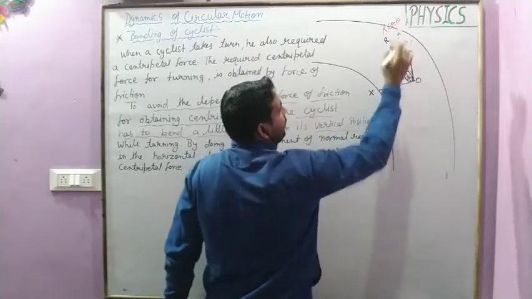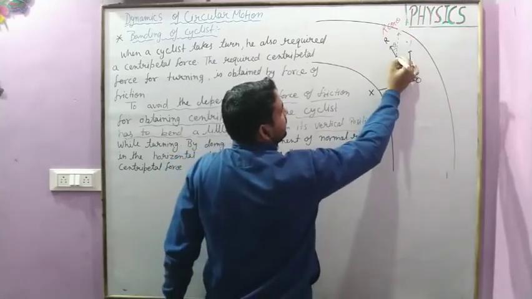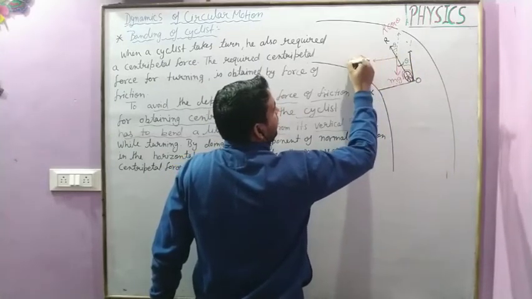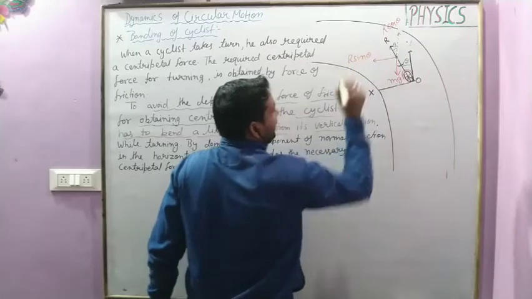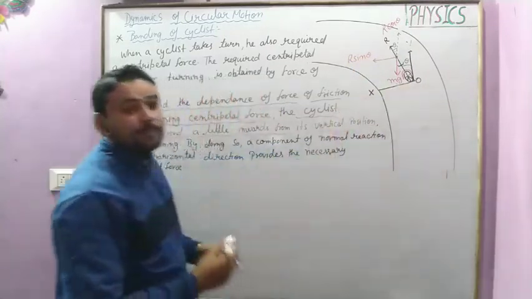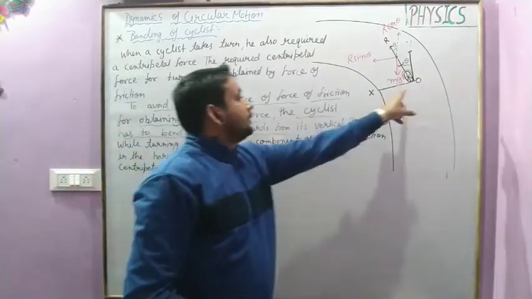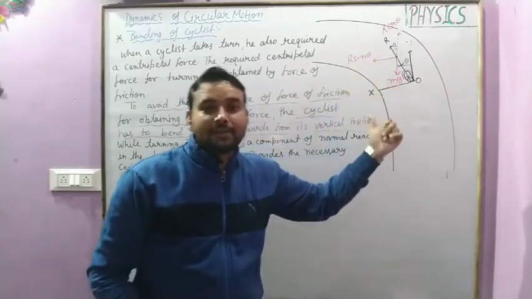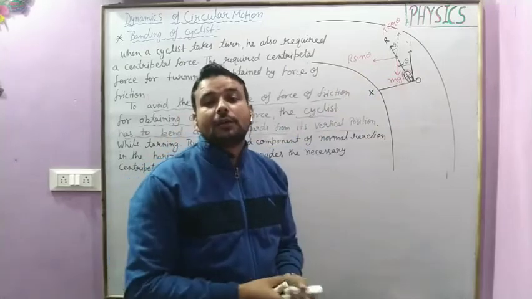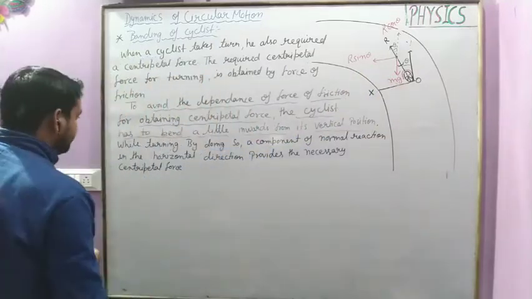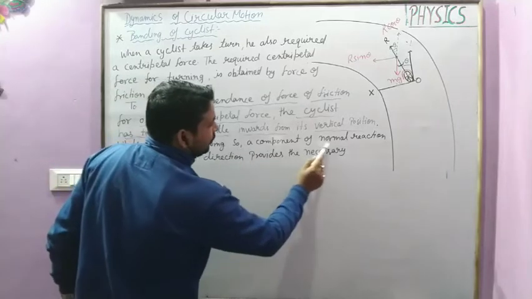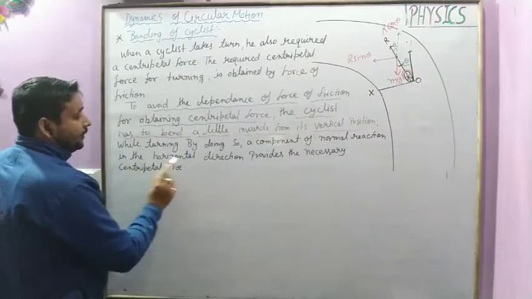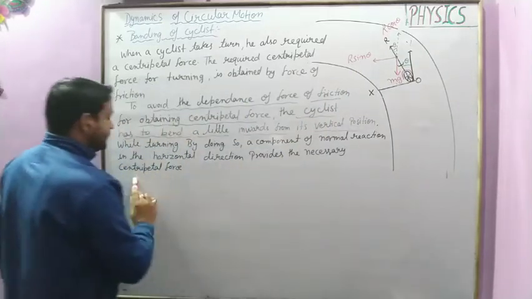The vertical component R cos theta acts upward, and the horizontal component R sin theta provides the required centripetal force at the time of turning.